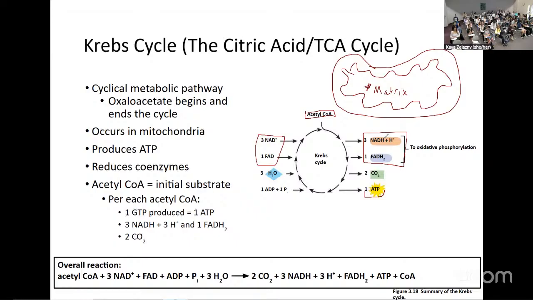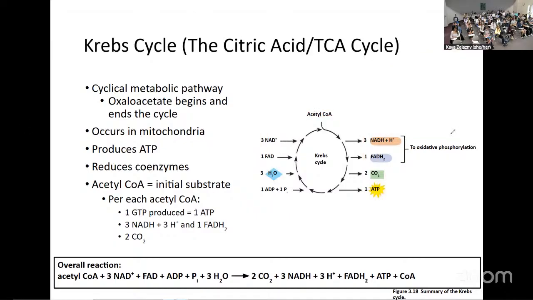So this is where most of these electrons that we're going to see entering the electron transport chain at the end of the process, this is mostly where they're coming from. We got a little bit in glycolysis and a little bit in that linking step with pyruvate, but most of it's coming from the Krebs cycle. Okay.